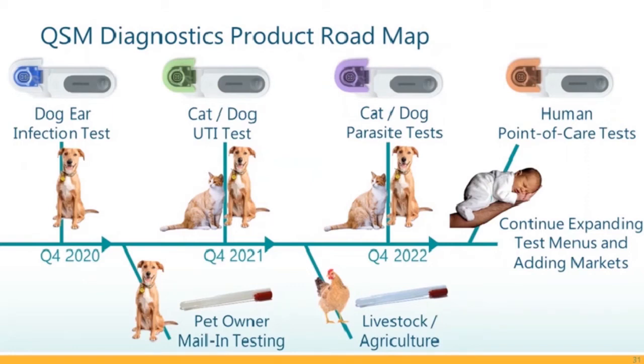But once we prove out this new testing platform, we do plan to move into livestock and agriculture applications, as well as human point of care testing in other markets. We're also happy to partner with companies that are looking for a handheld solution like this for their particular application needs.